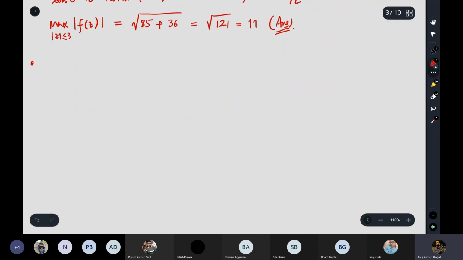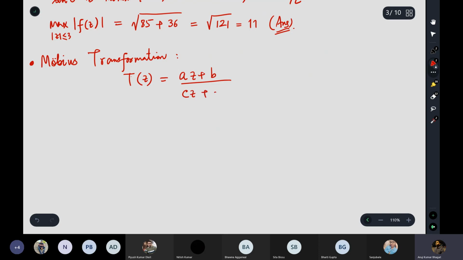So T(z) is of the form (az plus b) by (cz plus d), where the determinant ad minus bc is not 0, and a, b, c, d are all complex numbers.